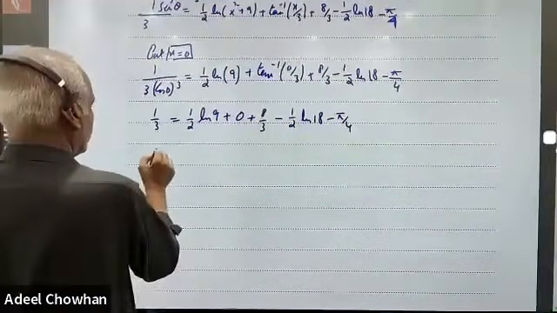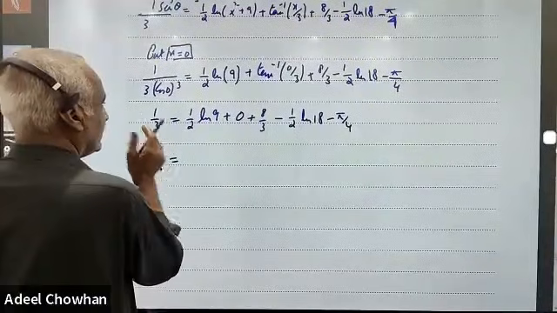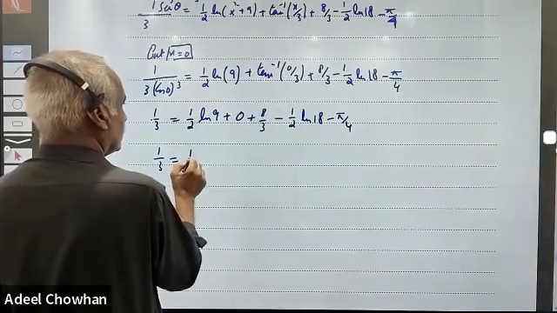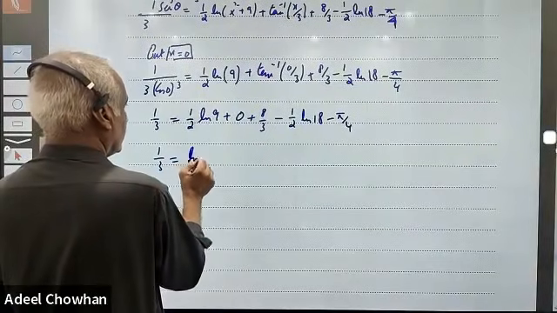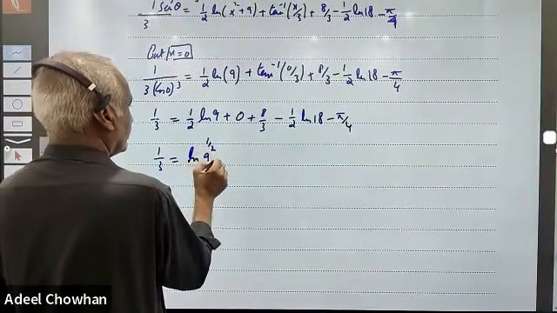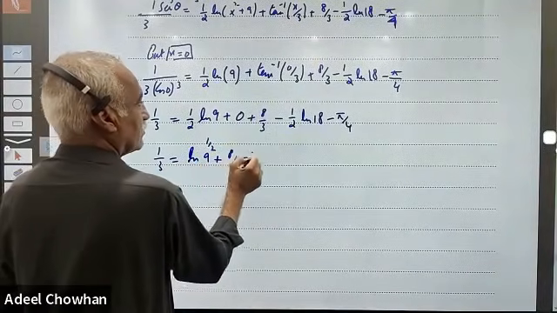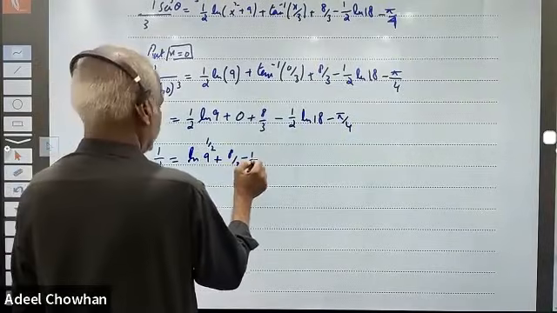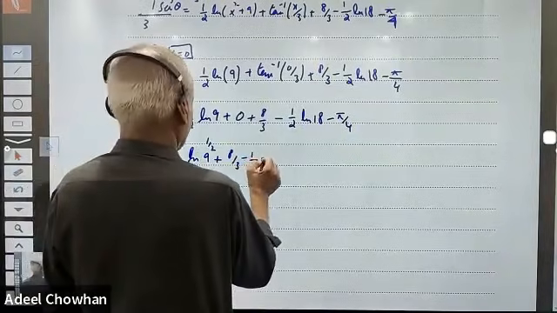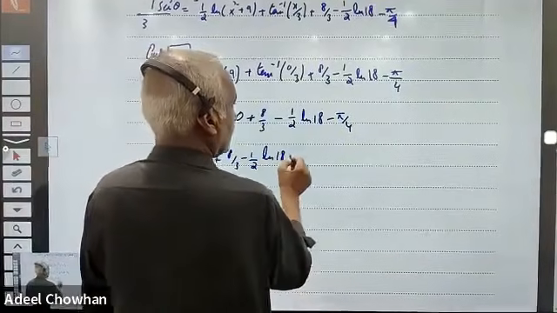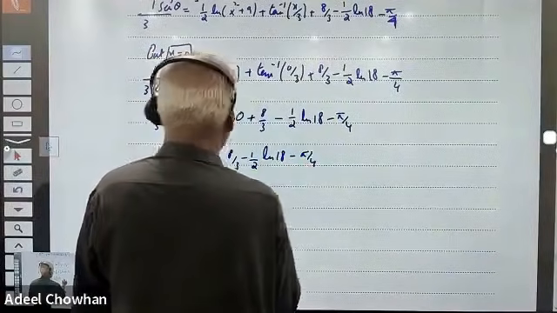Or this will become 1 over 3, log of 9 power half, plus 8 over 3 minus 1 over 3 log of 18 minus pi by 4.